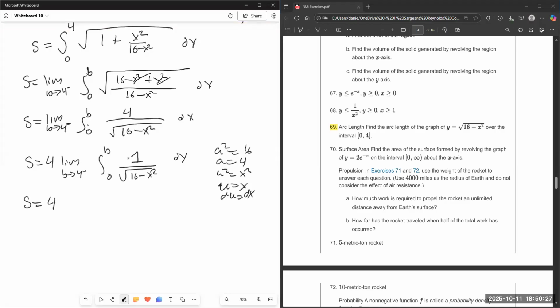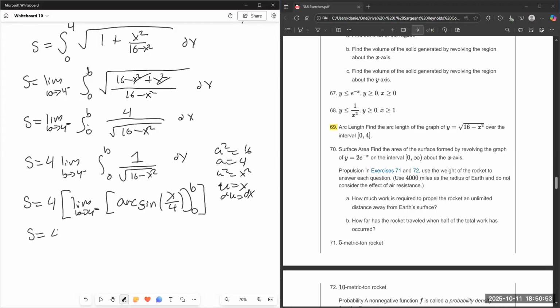S is equal to 4 times the limit as b goes to 4 from the left of arc sine of x over 4 evaluated from 0 to b.